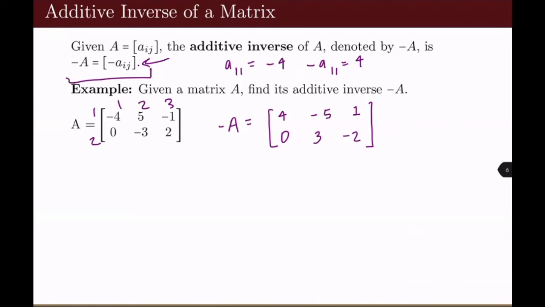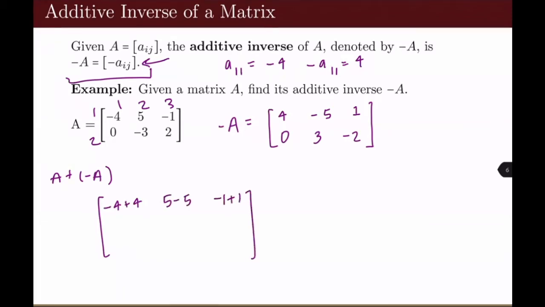What is significant about the additive inverse? Well, let's find out. So let's do A plus its additive inverse, which is -A. So that means we'll have -4 plus 4, 5 minus 5, -1 plus 1.